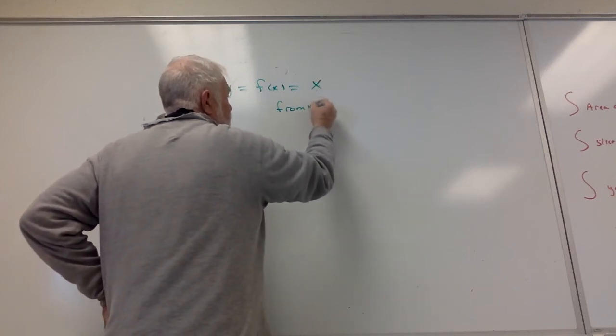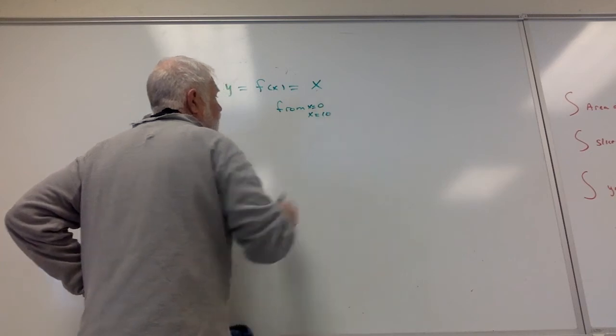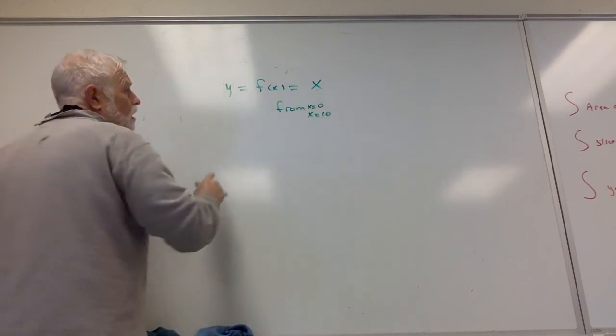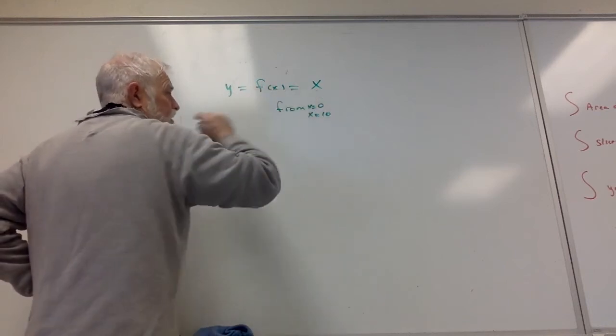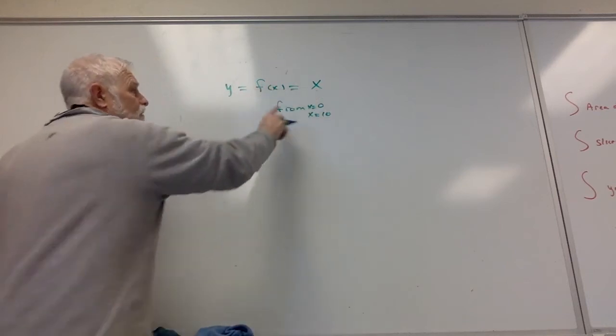From x equals 0 to x equals 10, find the volume of revolution generated when the function y equals x is rotated around the x-axis from 0 to 10.